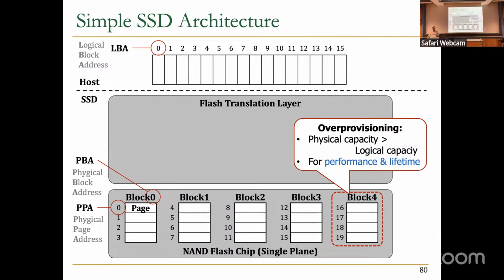Also, when you have more reserve space, you can use it for lifetime reasons. When some blocks are dead, there are other blocks that you can use. That's why SSDs have a lot of over provisioning. I don't know exactly how many blocks they have, but you can think of a lot.